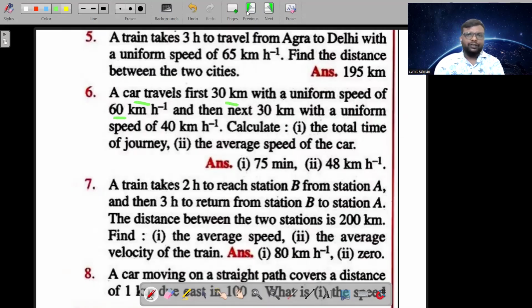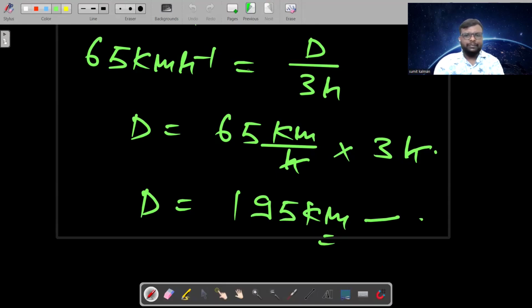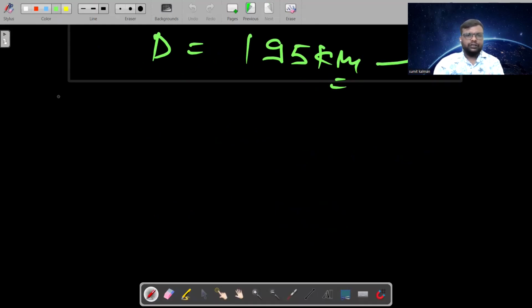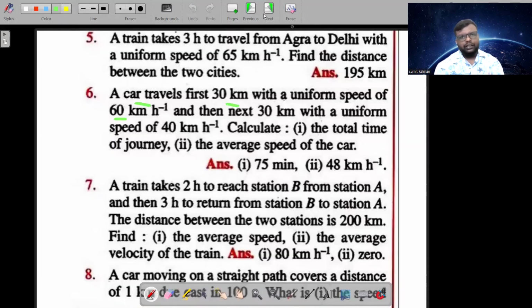So we'll apply here the formula of speed, distance, and time. Speed is equal to distance upon time. Let it be S1, D1, and T1. And what is given in the problem?